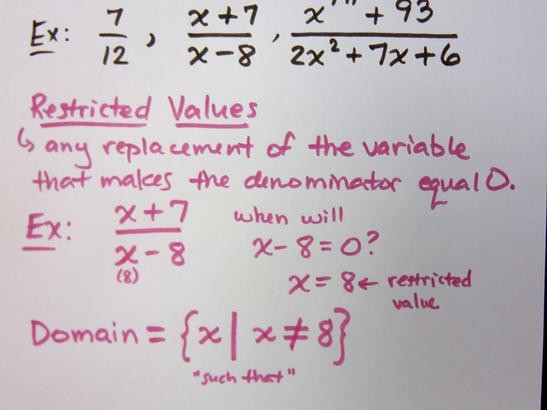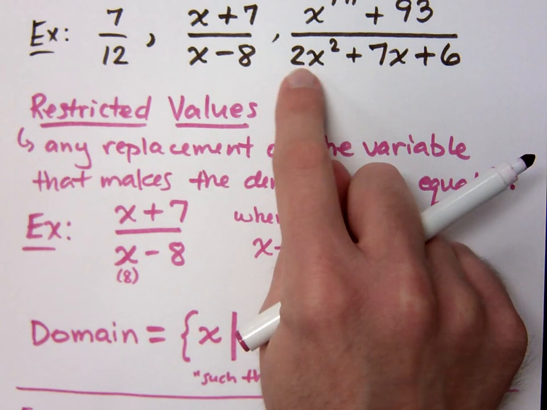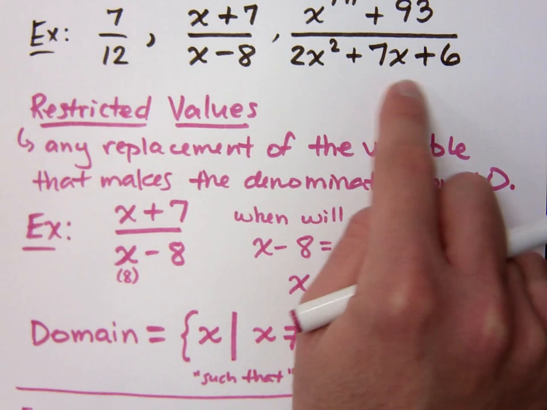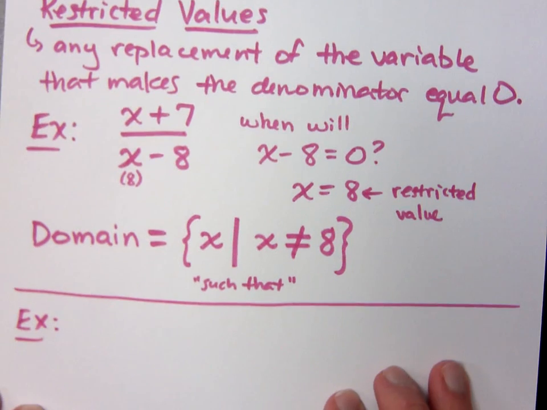Do you all agree with that? Okay. Well, what if I look at the other example that I have up here at the top? I want to take this guy right here, the x to the 171st plus 93 over 2x squared plus 7x plus 6. Let's see if we can talk about what his restricted values are.